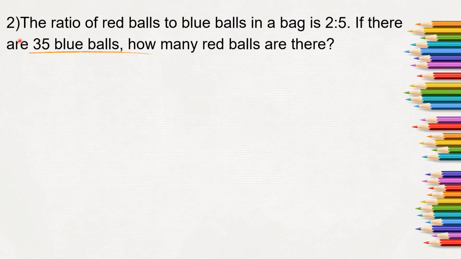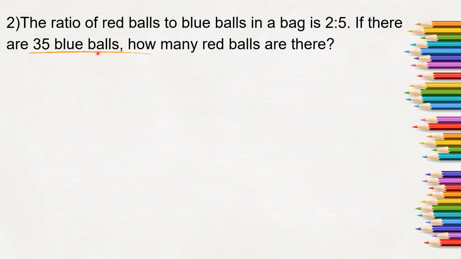Here is the next question. The ratio of red balls to blue balls in a bag is 2:5. So red balls are 2 and blue balls are 5. If there are 35 blue balls, how many red balls are there?